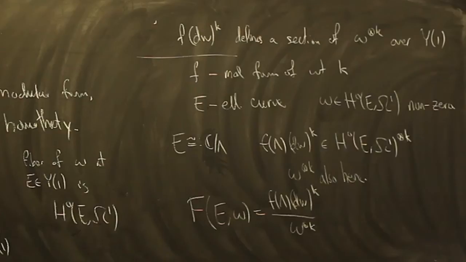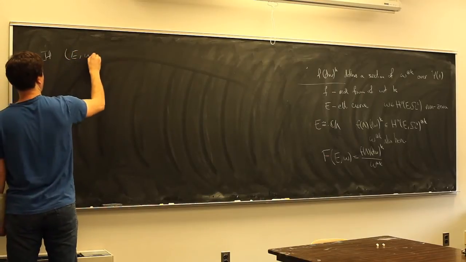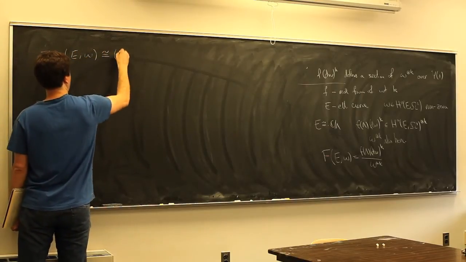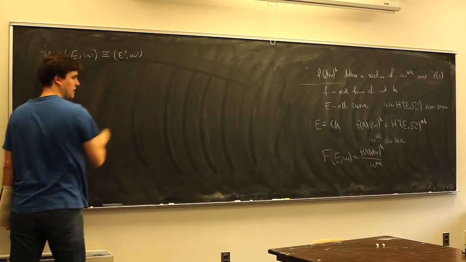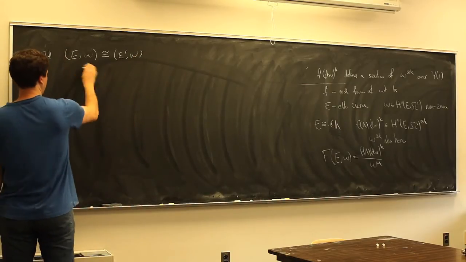And so this thing, F, has two properties. Well, first, it's invariant under isomorphism. So if there's an isomorphism of (E, omega) with (E prime, omega prime), meaning an isomorphism of curves which takes one form to the other, then the values of F on the two are the same.